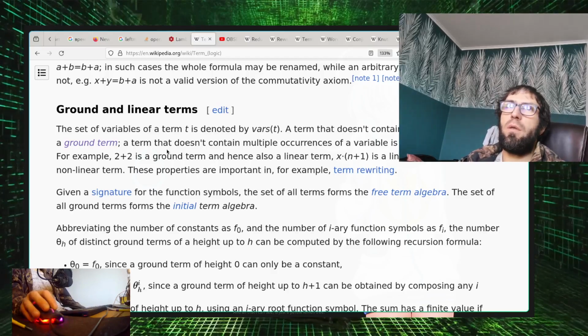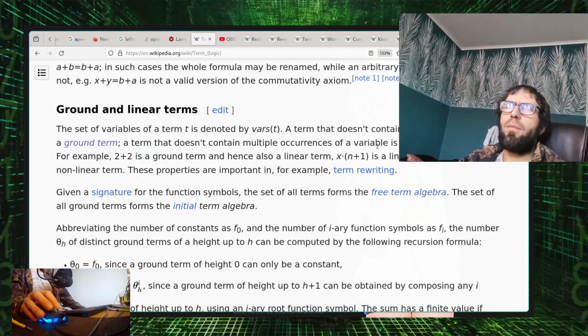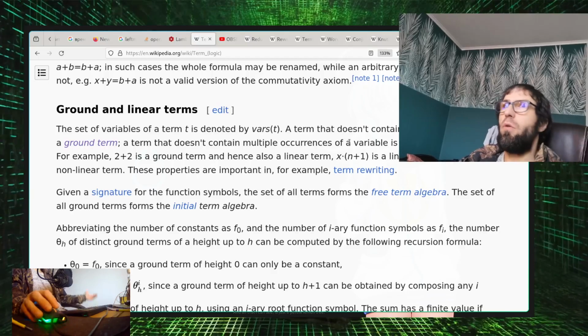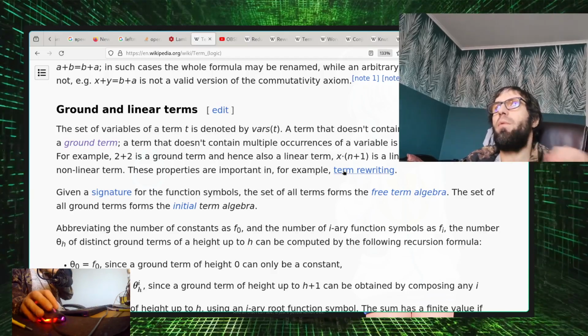So it is linear because it doesn't contain multiple variables, no more than one variable, for example.